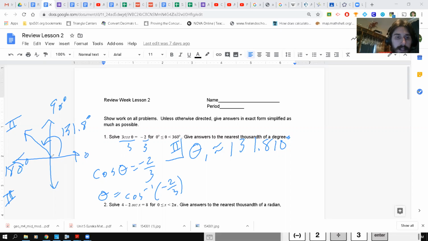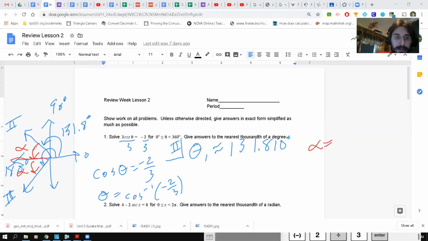If we want to find this angle over here, what you have to find first is this reference angle here, because this angle in quadrant 3 is going to be 180 degrees plus whatever that reference angle is. So to find that reference angle, alpha, it's going to be 180 degrees minus 131.8, because 131.8 takes us to here, and the reference angle takes us the rest of the distance to 180.